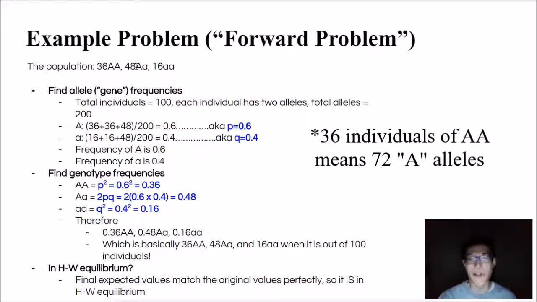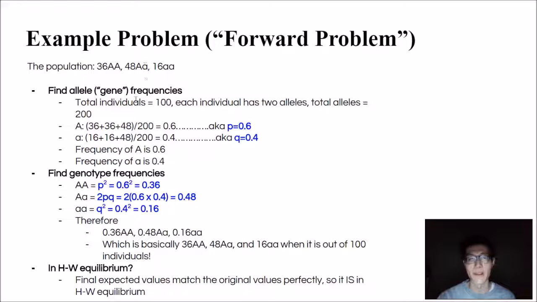In addition, you have 48 individuals that are big A, little a. So in this population, the heterozygotes add only 48 big A's. You're looking for the number of big A's in this population. This is 36 big A big A, and this is 48 big A little a.